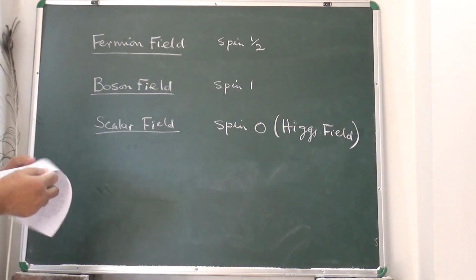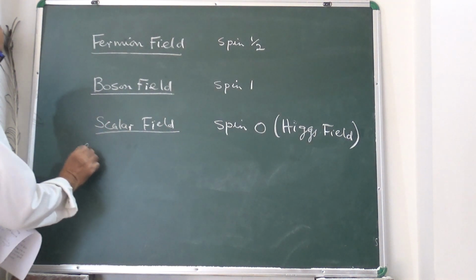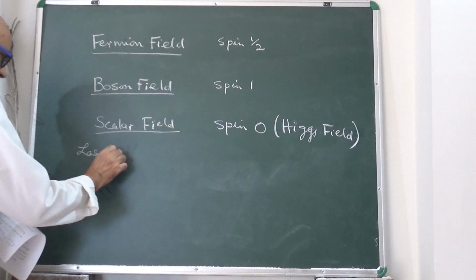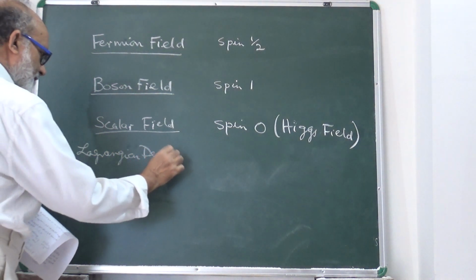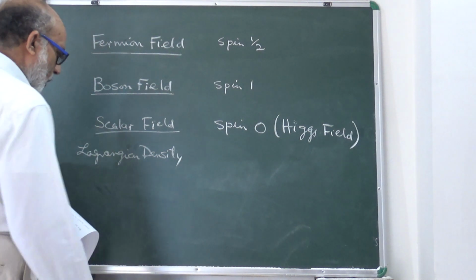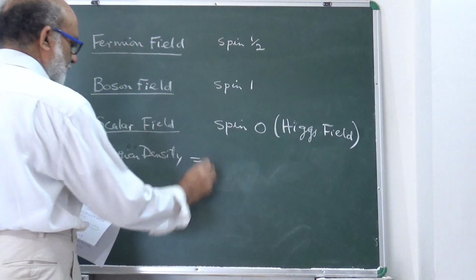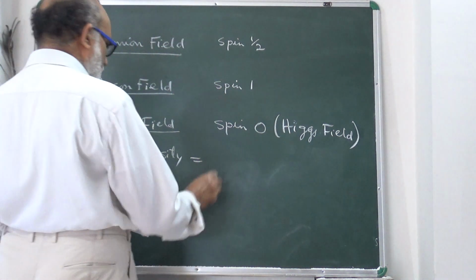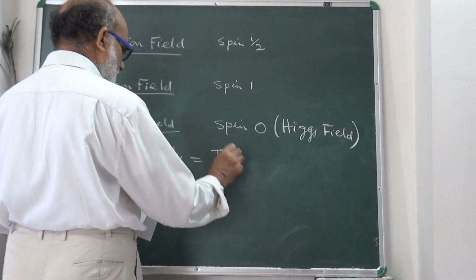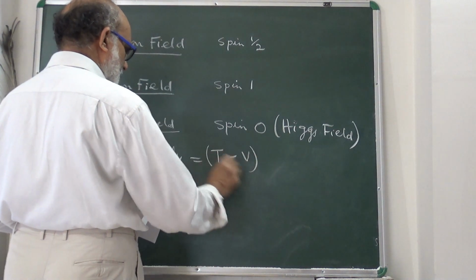Now the Lagrangian density, which is the difference of kinetic energy and potential energy per unit volume. So it is the difference of kinetic energy density and potential energy density.